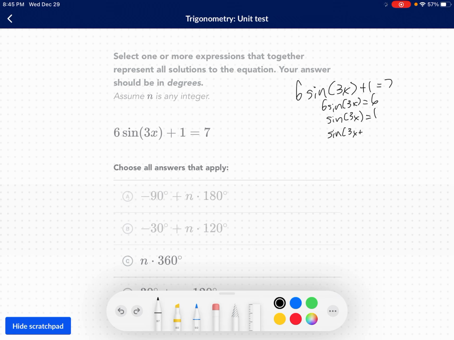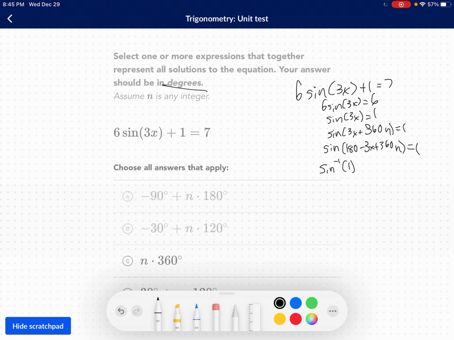Sine 3x plus 2. I'm going to do 360, and because this is in degrees, I need my calculator, 2 degrees. Alright. 360n equals 1. And the other identity is sine 180 minus 3x plus 360n equals 1. Alright, so I'll solve this one first.